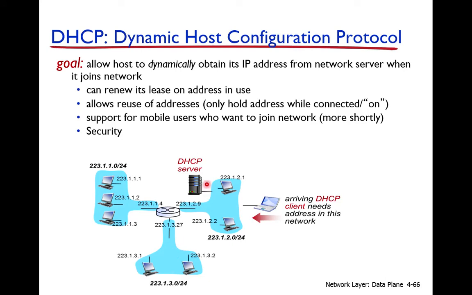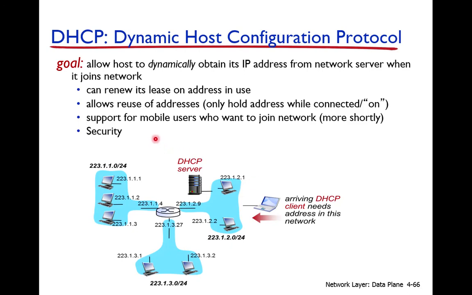But if you are using the DHCP client, then in this network you will get an IP address automatically without any intervention, plug and play. If you move from here to here, you will get IP addresses automatically. You don't need to manually assign the IP addresses.